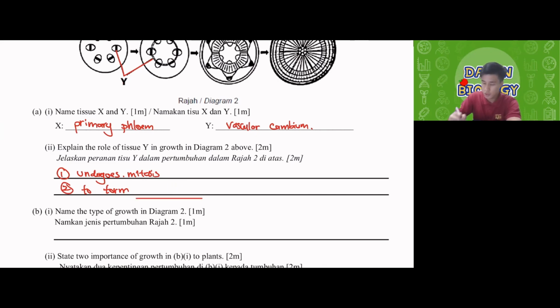The outer and inner tissue. So what are the two outer and inner tissues formed? I'm sure you can do it, right? Secondary what and secondary what? Come, do. If you don't know, ask, but I'm sure all okay. Let's go.